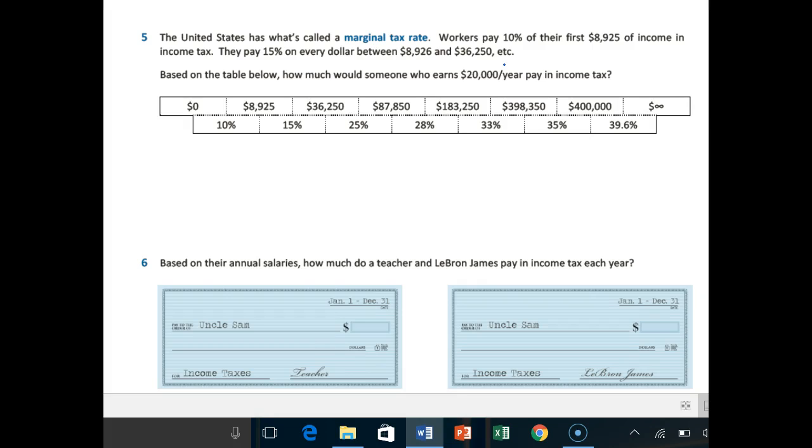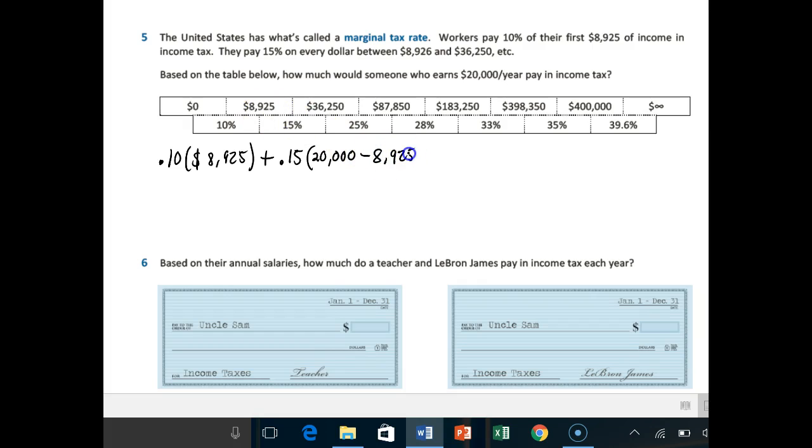So a person that earns $20,000 a year has to pay 10% tax, or 0.10, on the first $8,925 they make, plus, because they go into the next tax bracket, plus 15% of anything that is between $20,000, which was how much they make, and that $8,925.